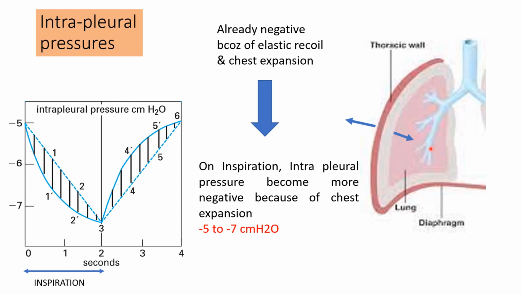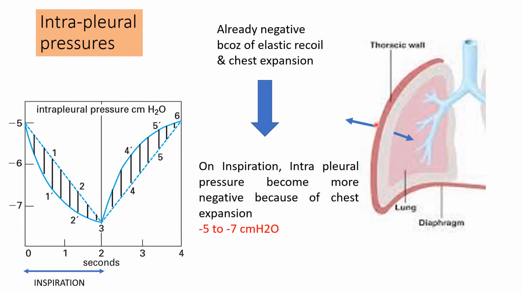On the other hand, when we start inspiring, the chest cavity, the ribs, expand. We have already read the mechanism of why the rib cage expands, because of contraction of the external intercostal muscles.